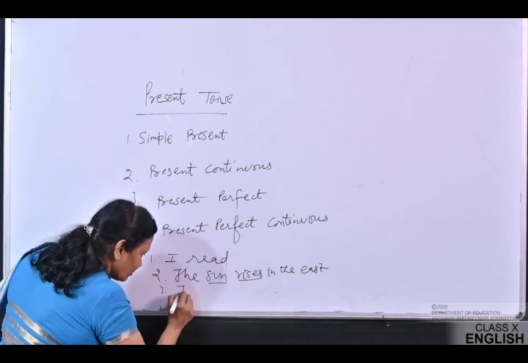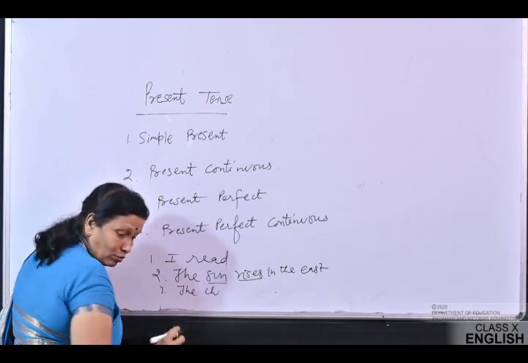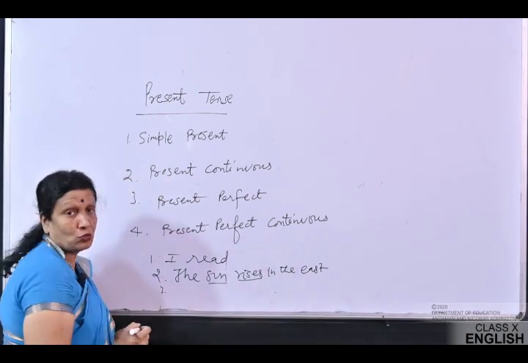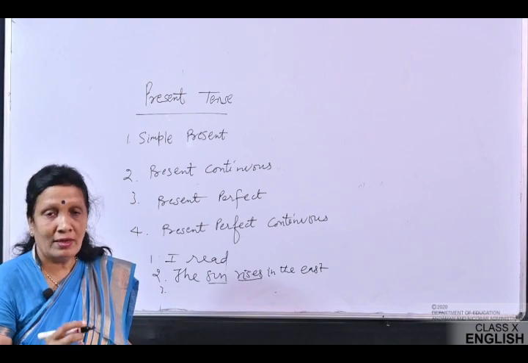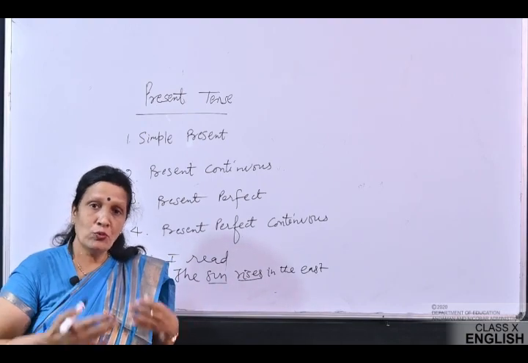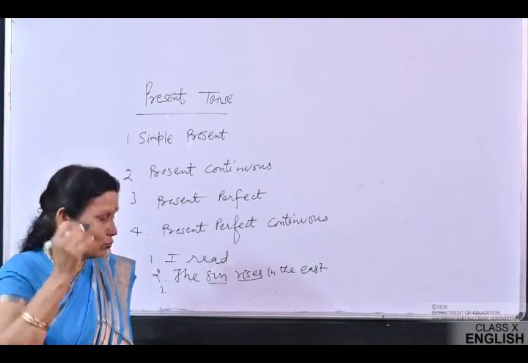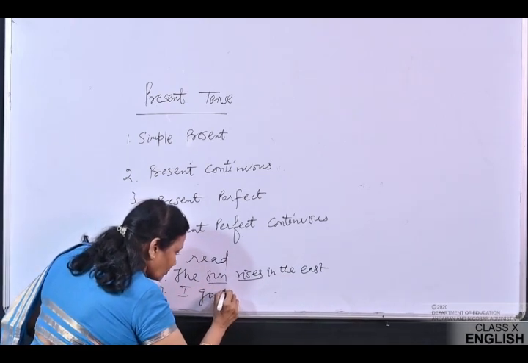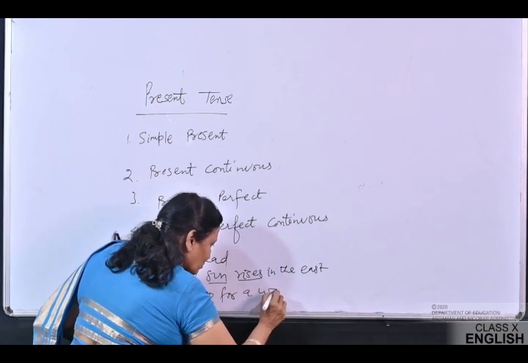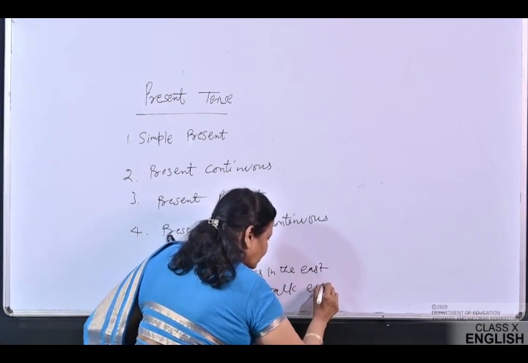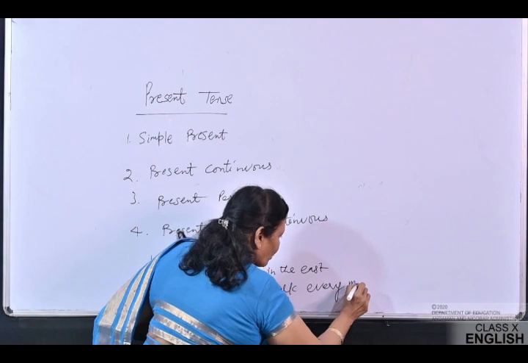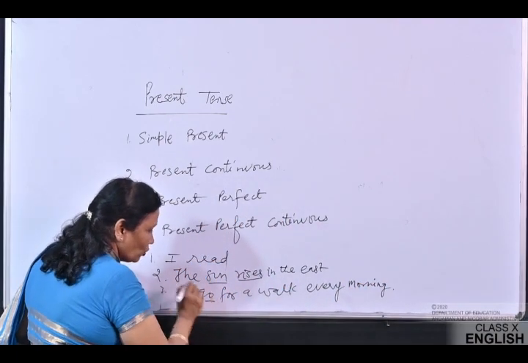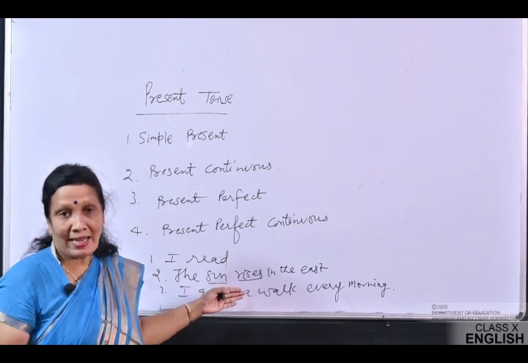Then also for habitual actions, okay, things which we do regularly, there also you use the simple present tense. For example, I go for a walk every morning. I go. So this is my habit.